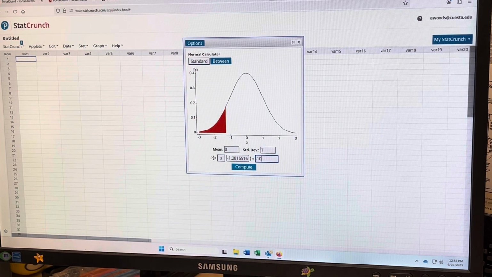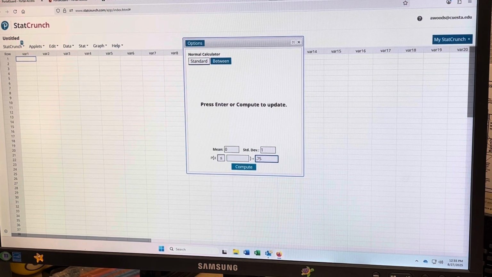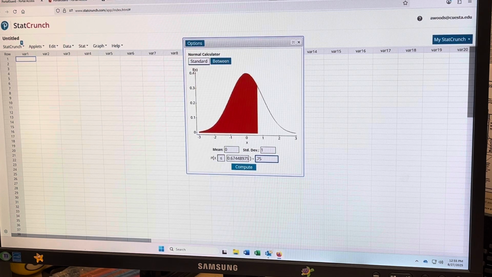So we'll leave this as less than, but we're going to change our answer to 0.75. And if we do that, a z-score pops out. Now this is a small z-score, but it's still a z-score. So we've got a z-score of 0.67.